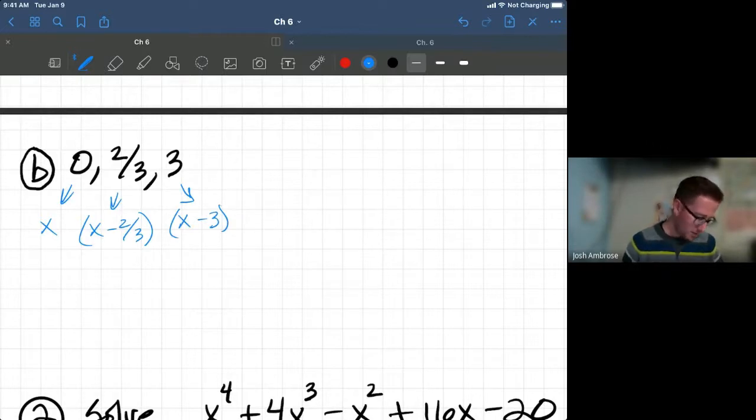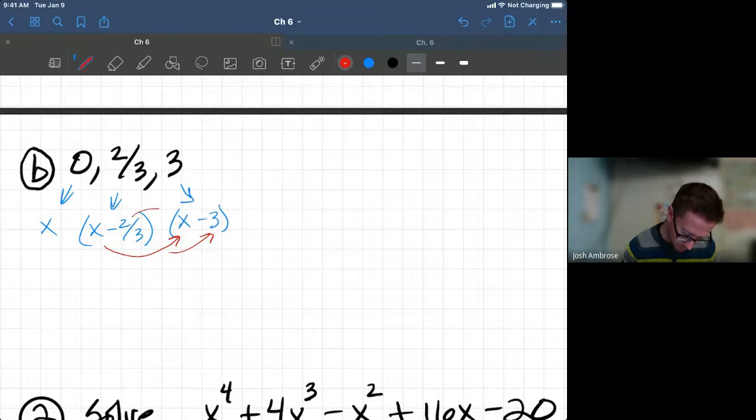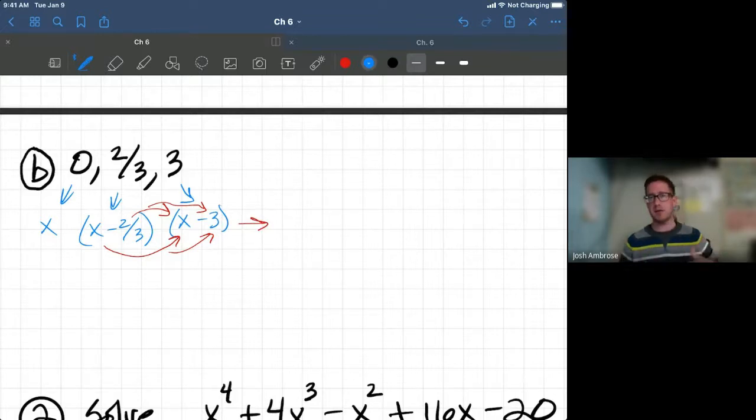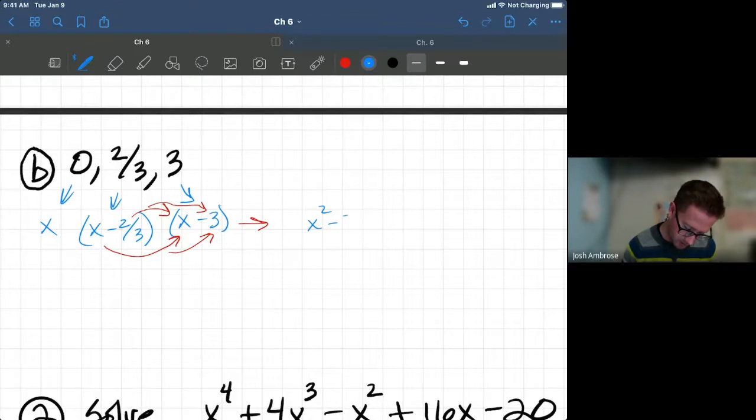Now what we're going to do is go ahead and distribute using our binomials. Then we're going to do this side over here and see what that creates. When we use FOIL, you distribute all the way through. Then you're going to get x squared minus 3x minus 2/3 x plus 2.